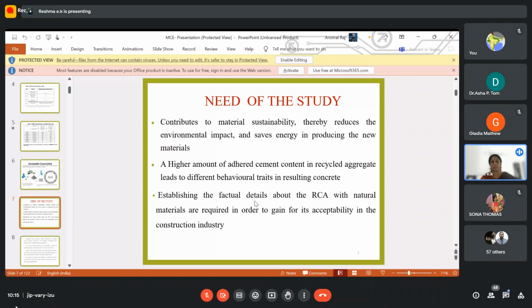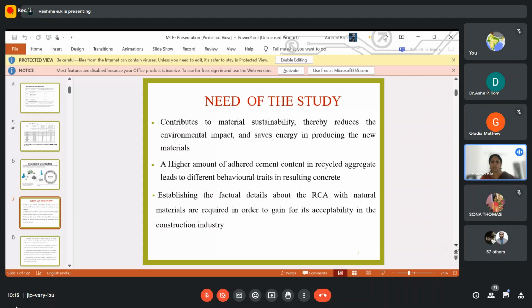And the problem with recycled concrete aggregate, that is the main reason behind this study. The main problem with recycled concrete aggregate is the old mortar, that is residual mortar, which is present on the surface of the aggregates. So if you look into construction and demolition waste and into the recycled concrete aggregate, the main problem associated with this is the presence of mortar.